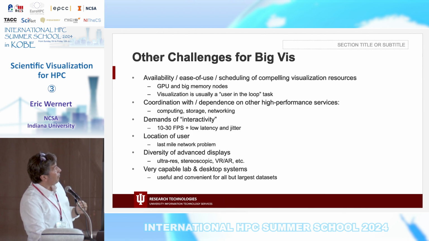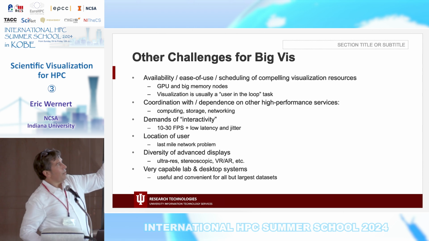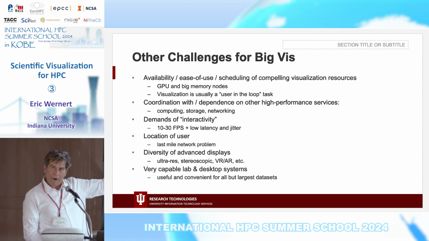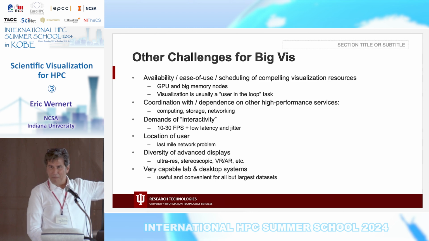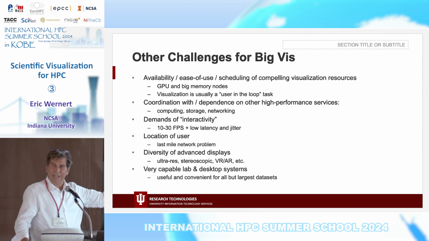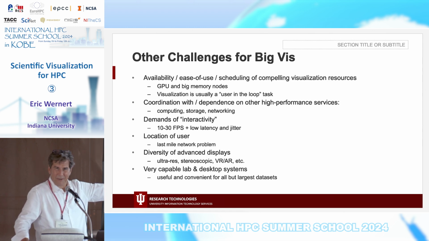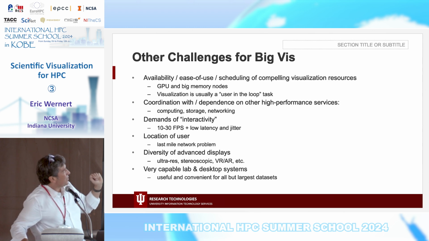Other challenges, this is getting better. There are more GPUs out there, but the AI people, machine learning people are squatting all over the GPUs. And that's actually fine, because a lot of visualization people now like to run ray tracing, and so they're happy to use CPU-only nodes.